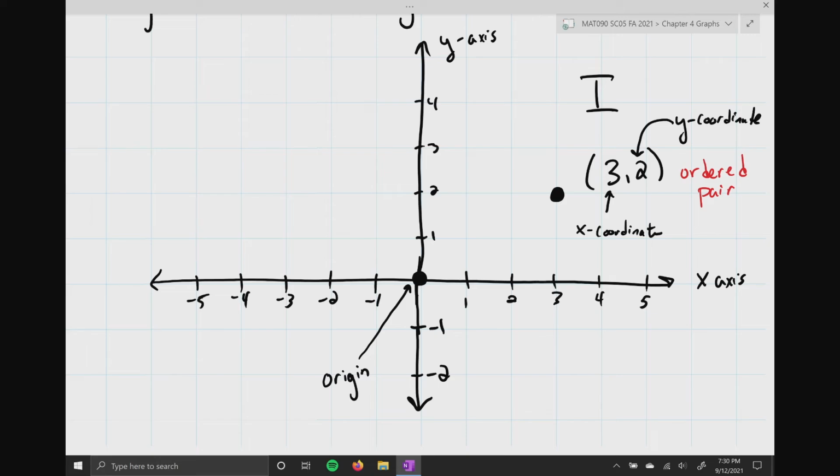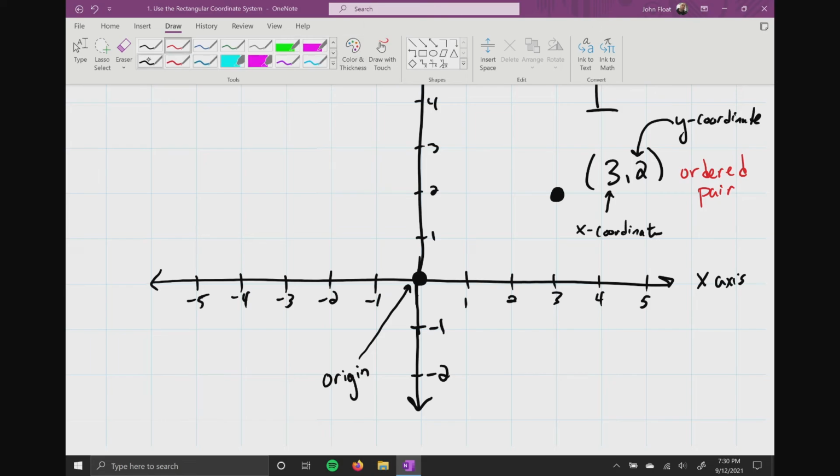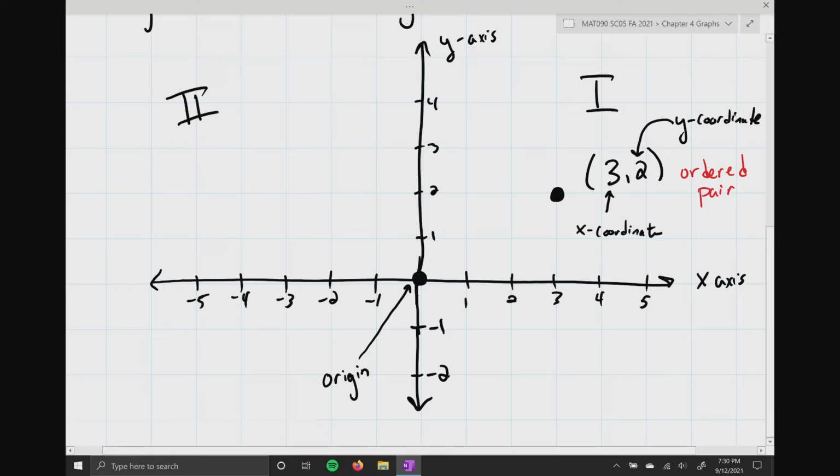Now, earlier I made the comment that this first quadrant has something special, and that is the fact that all ordered pairs within the first quadrant will always be 2 positive values. X will be positive and y will be positive, okay? Now, quadrant 2 is to the left. There's quadrant 2.